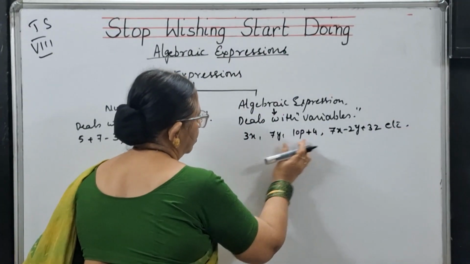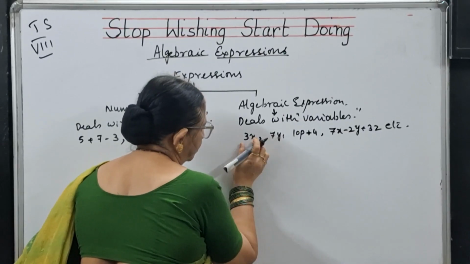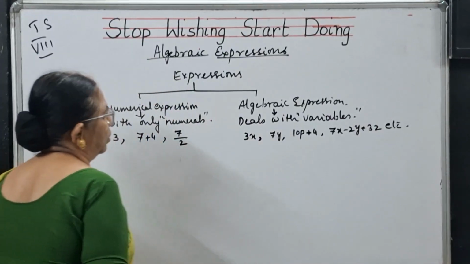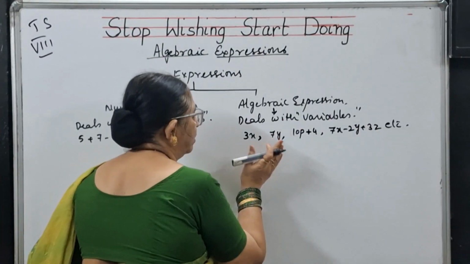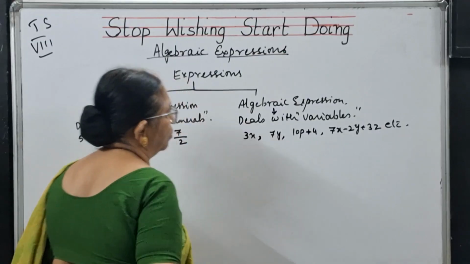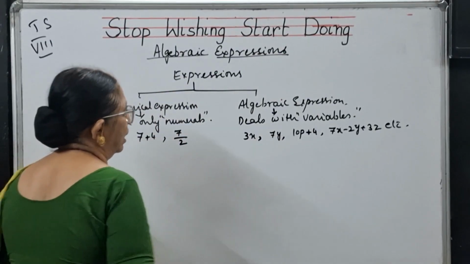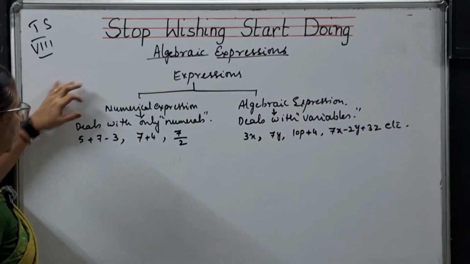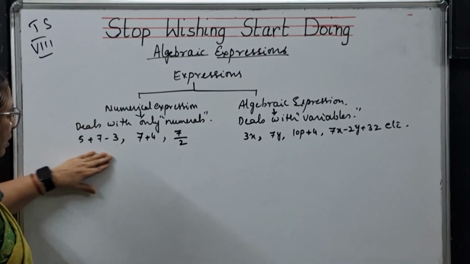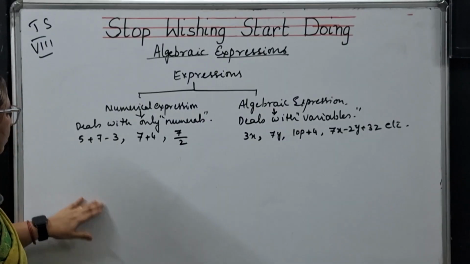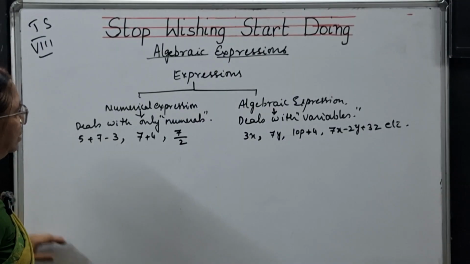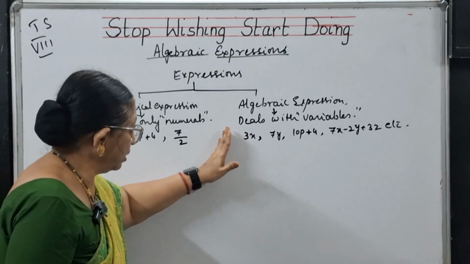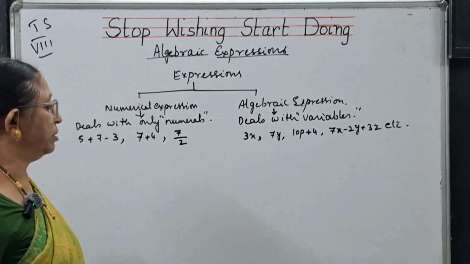Because each comma indicates this is one term, this is one term, and this is one term. So here, every term has got a variable with it. If you have a variable, then we call it an algebraic expression. If you have only numbers, we call it a numerical expression. This type of problems you have done earlier in your lower classes, about integers addition, normal addition, subtractions, multiplication and all. So here we are now dealing with these variables, children.